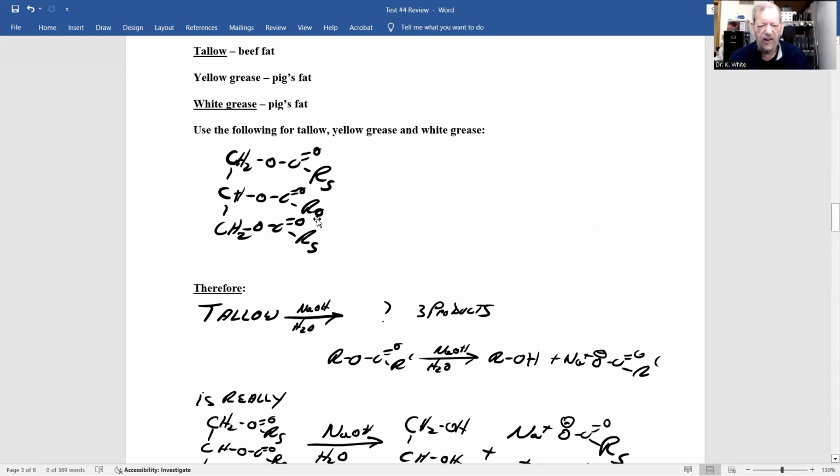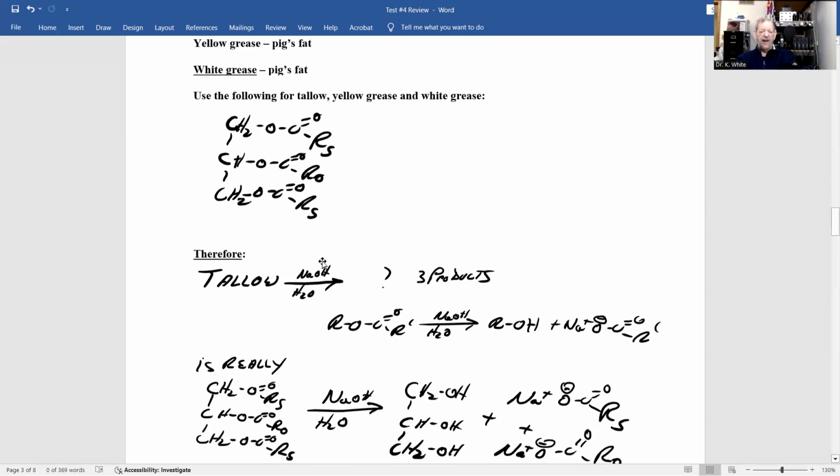R sub O is an oleyl group with this carbonyl carbon and the carbons in R sub O. There is 18 carbons, but a double bond at carbon 9. And this is a good representation because how do you do 3 things 50-50? You can't really. So it's a combination.